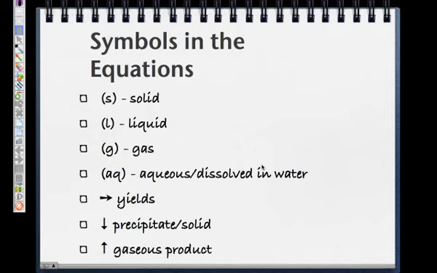So we've seen these symbols before. Remember that the down arrow means a precipitate or solid is formed. Gas product would be an up arrow because it bubbles out. You have an arrow or a triangle also, and the triangle means that heat has been added. Aqueous means it's dissolved in water.